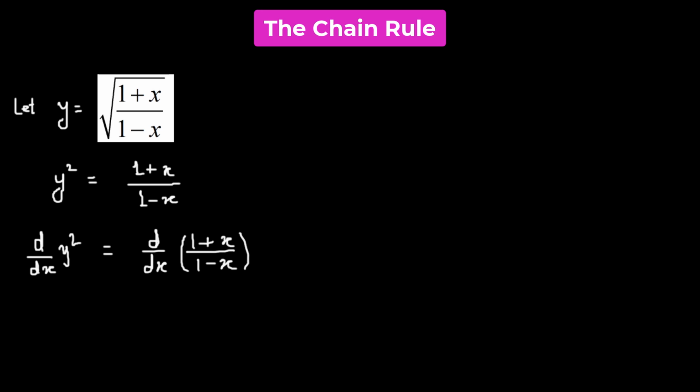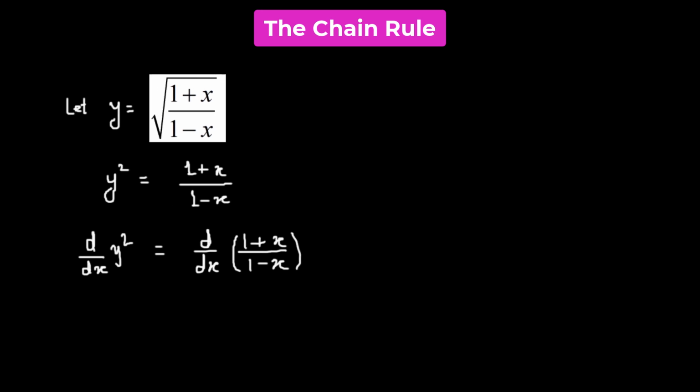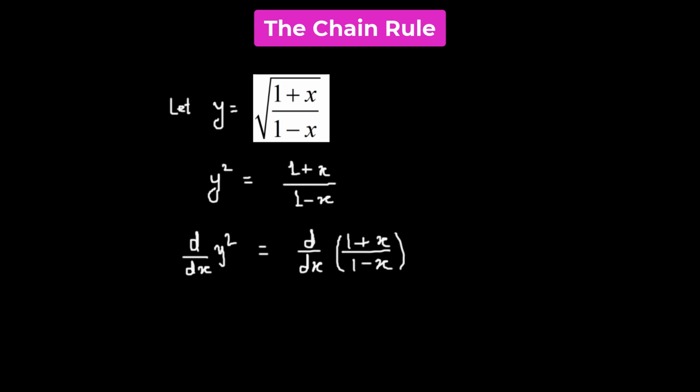Now the derivative of y squared is going to be equal to, if we make an assumption that y is equivalent to x, then what we have here is actually the derivative of x squared, which we can find to be equal to 2x raised to the power of 2 minus 1, which gives us twice x.